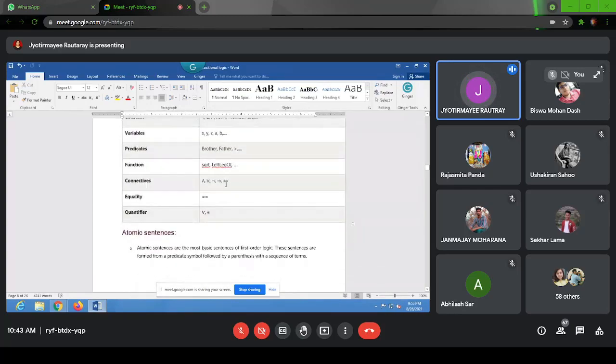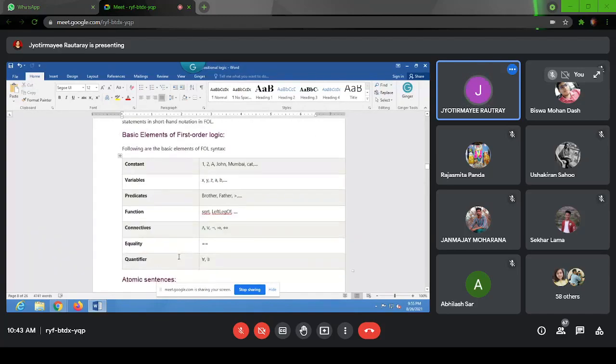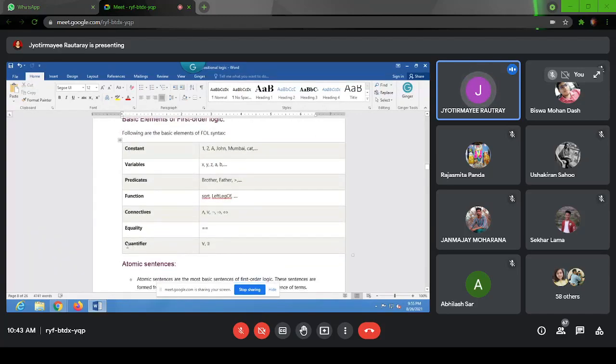These are the connectives: logical and, logical not (the negation operator), implication, double implication, and this is equality. In first order logic, the only difference is that two things have been added, the quantifiers. This symbol is the universal quantifier, and this symbol is the existential quantifier.